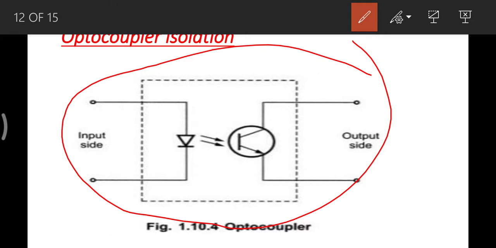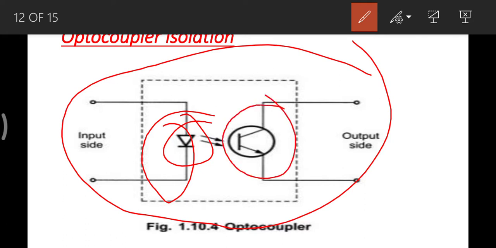Optocoupler means we are using an infrared LED and a photo transistor. The photo transistor is triggered by infrared signals.